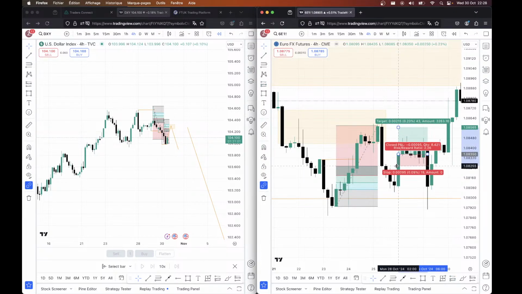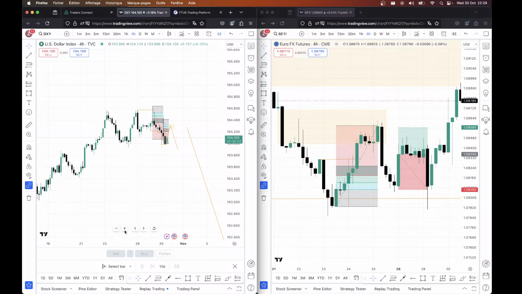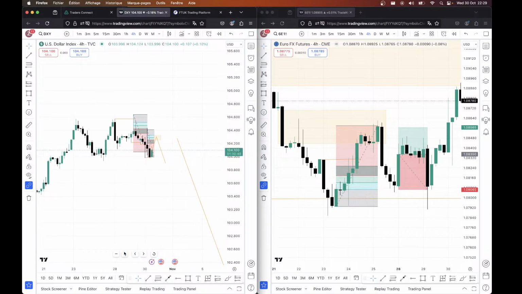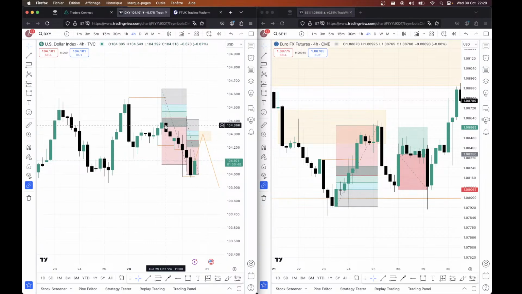Where do I take my stop loss? So here we are, Monday, 2 o'clock, October. I'm stopping the replay. Monday on the 4-hour time frame. Monday to Tuesday, Monday, 2 o'clock, which is this beautiful candle.